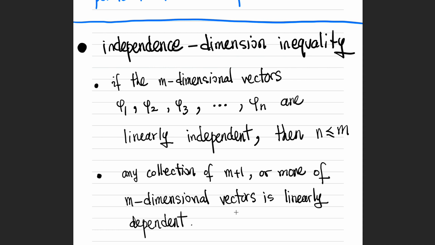So in an m-dimensional space, you can have at most m linearly independent vectors in a set. So that's it essentially. If you're in a two-dimensional space and you have three vectors, they have to be linearly dependent. If you have two vectors, they still can be linearly dependent, but they can also be linearly independent.